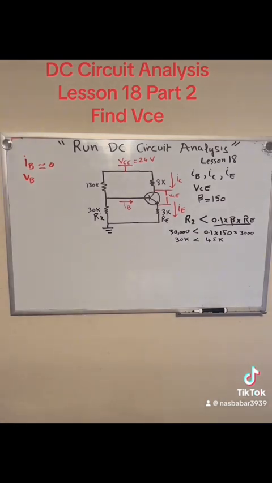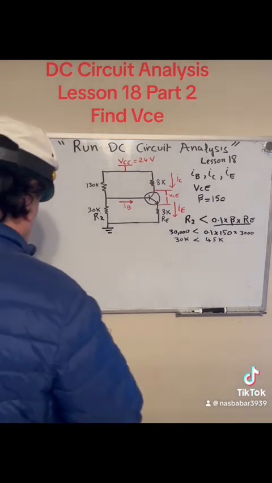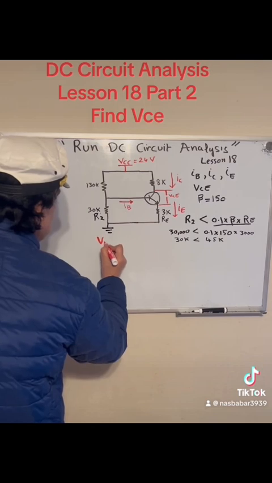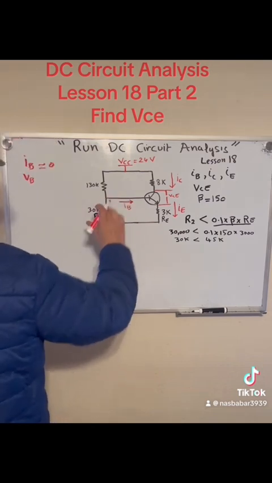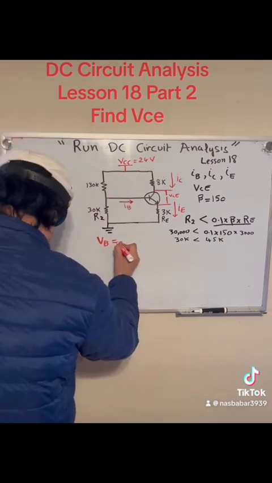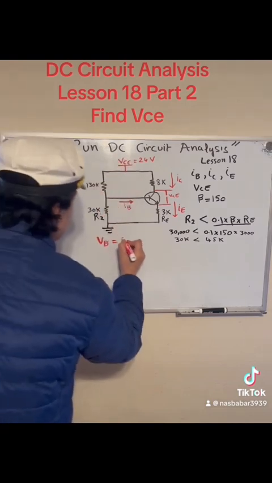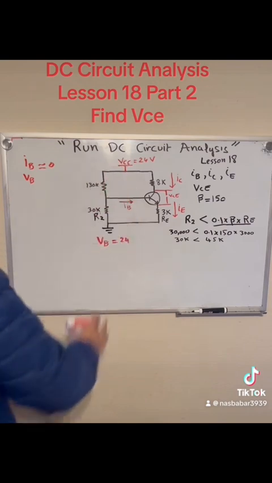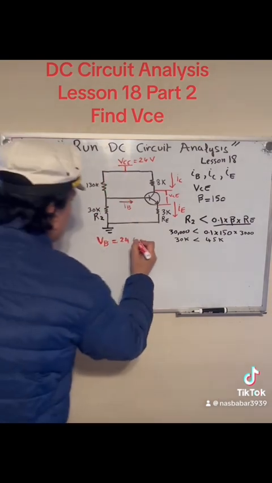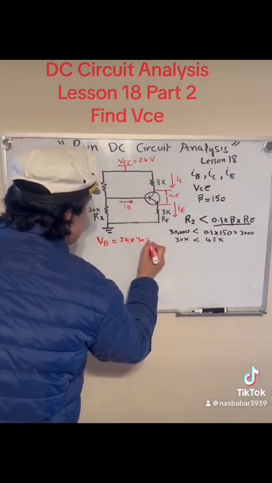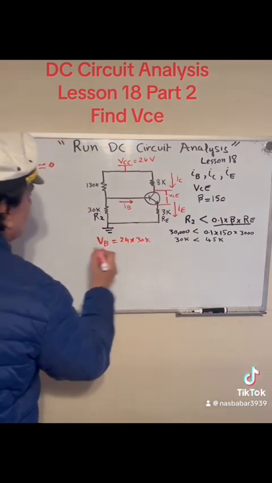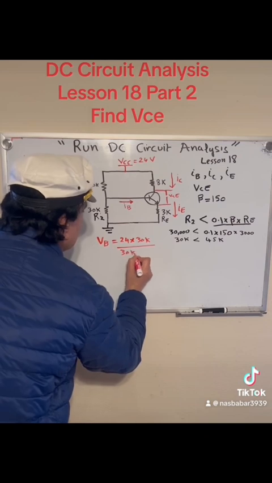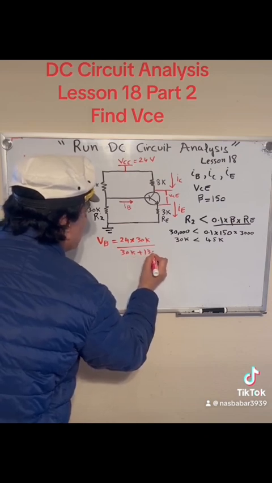If you recall from your circuit analysis class, V sub B, the voltage right here, is equal to the voltage across the whole thing, 24, times 30K, which is this resistor, over 30K plus 130K.